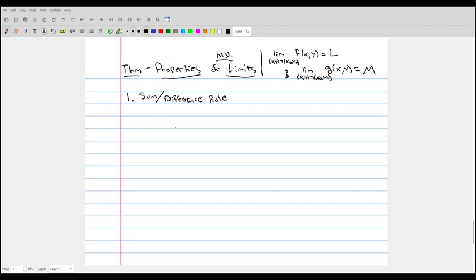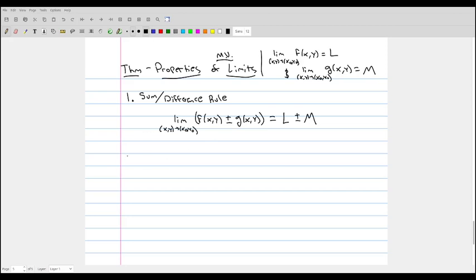So the sum/difference rule says that if we take the limit as (x,y) goes to (x0,y0) of f(x,y) plus or minus g(x,y), like you're taking the limit of the sum or difference of two functions, this limit is going to be equal to the limit of the first function plus or minus the limit of the second function.